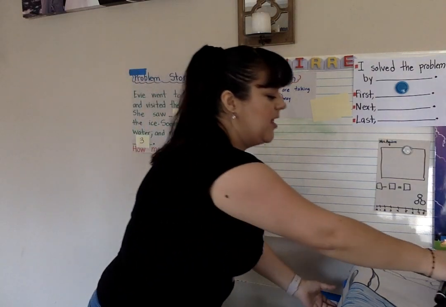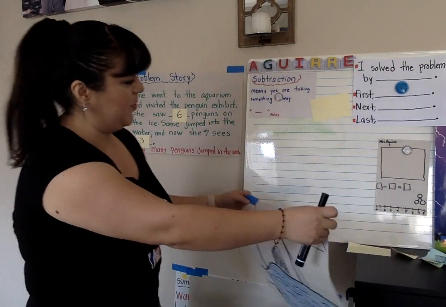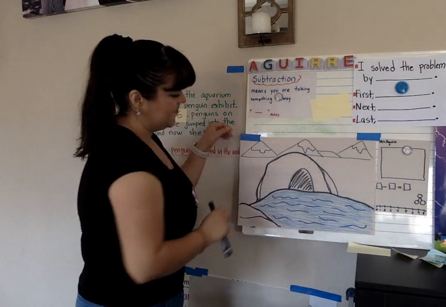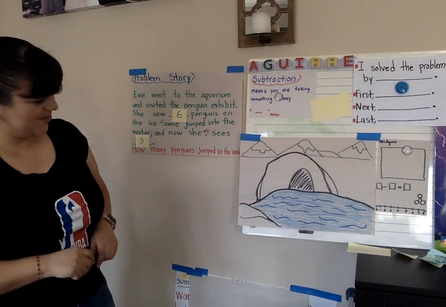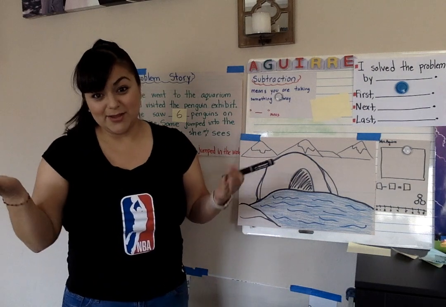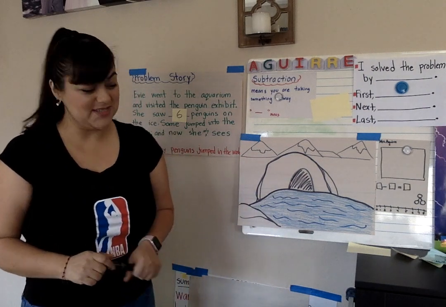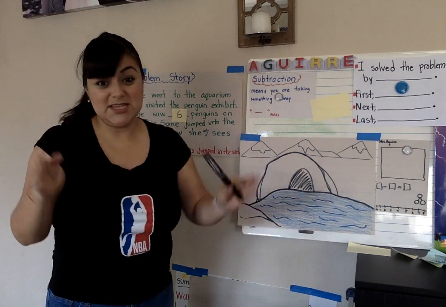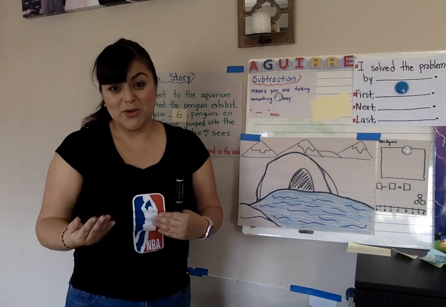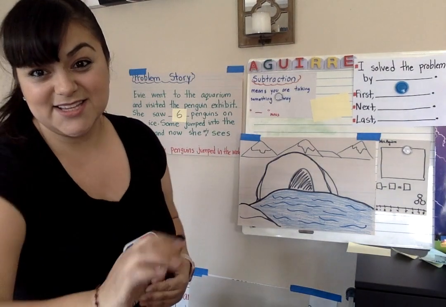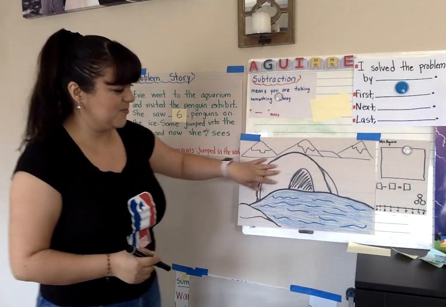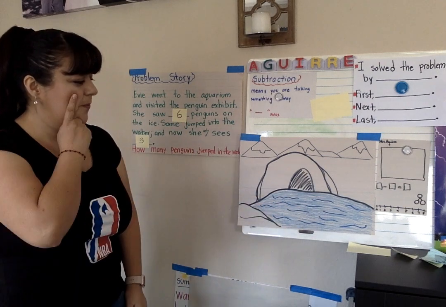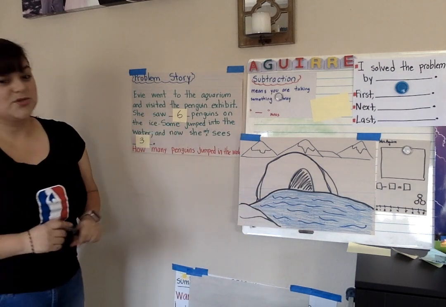Okay, so let me get a picture of the penguin exhibit. Great, so I tried my best. That's all you can do, guys. Just try your best. I drew a penguin exhibit. So this is what you would see in the window when you go and see the penguins in the exhibit. And this is my ice cave. I tried. Okay, so let's go back to the story.